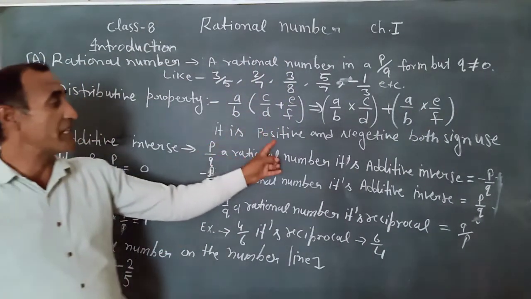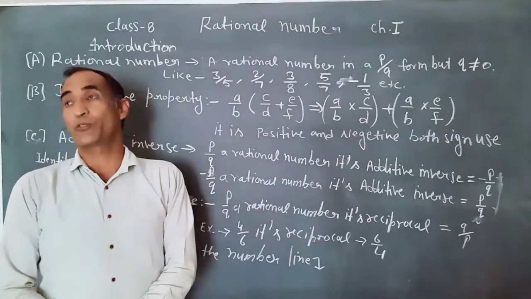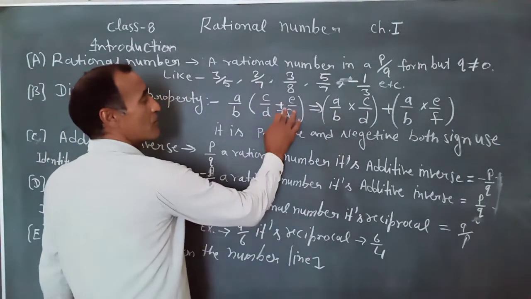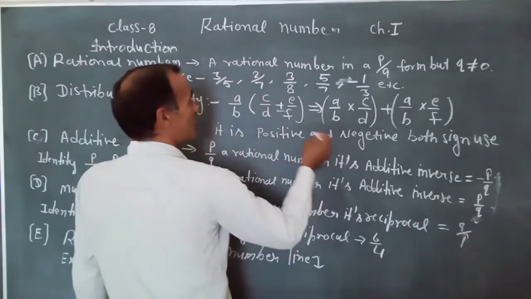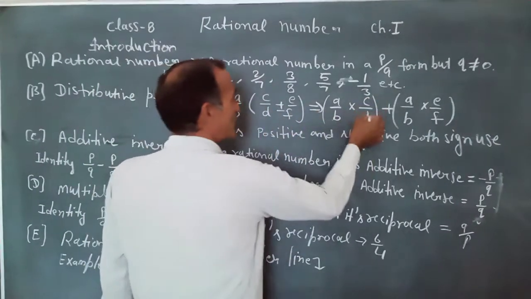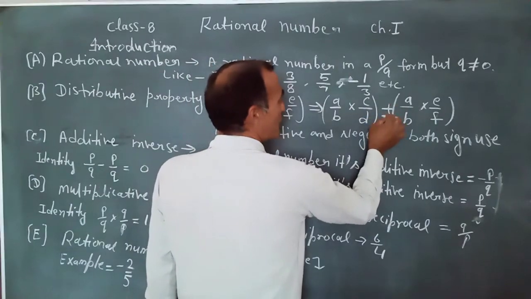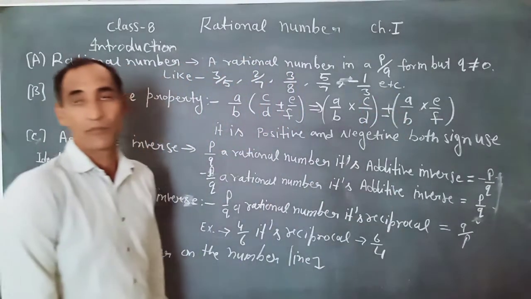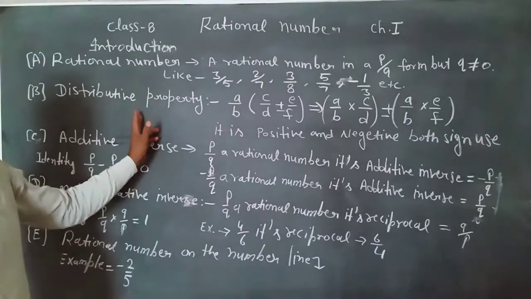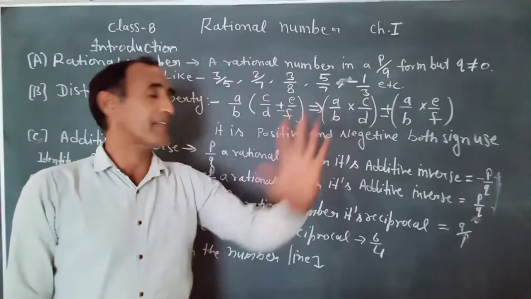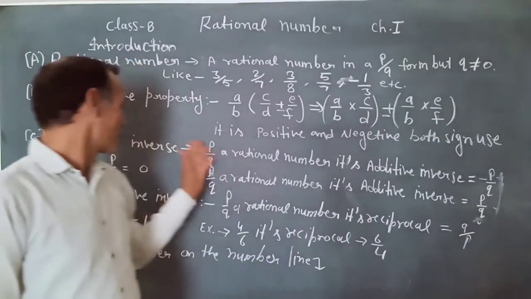Both positive and negative signs are used. Suppose here is a minus sign, so we use a upon b into c upon d, but here, not a plus sign, we put a minus sign. So we use the distributive property in positive forms and negative forms.